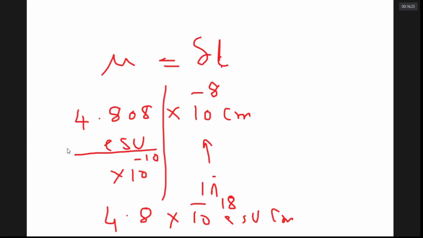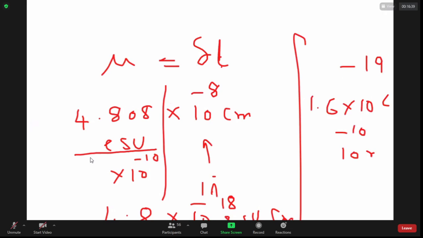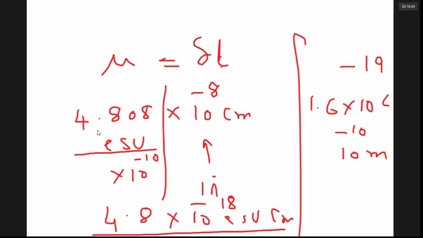In modern units, charge of electron is 1.6 into 10 to the power minus 19 coulombs, and 1 angstrom is 10 to the power minus 10 meters. So 4.8 into 10 to the power minus 18 ESU-cm is equal to 1.6 into 10 to the power minus 29 coulomb meters.